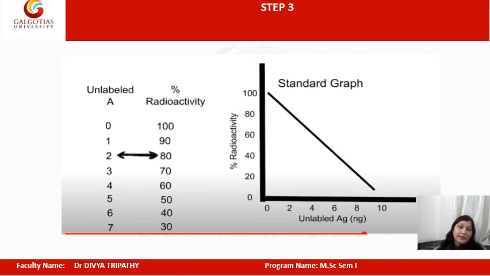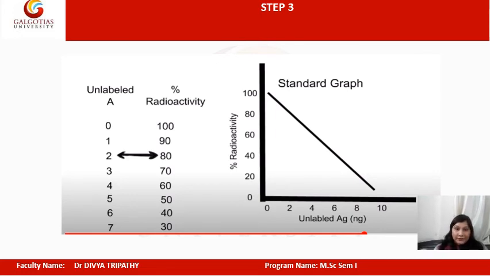Again we will perform the same step by increasing the amount of unlabeled antigen in the solution, and remember that we have to perform this experiment on microtiter plates of 100% radioactivity, so we need approximately 10 microtiter plates, right? So now what will we do?